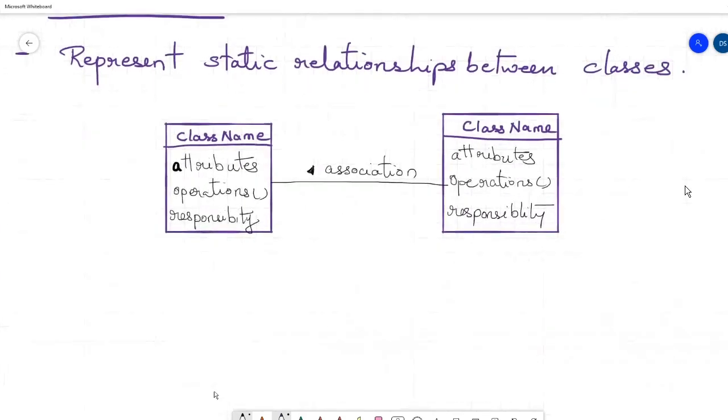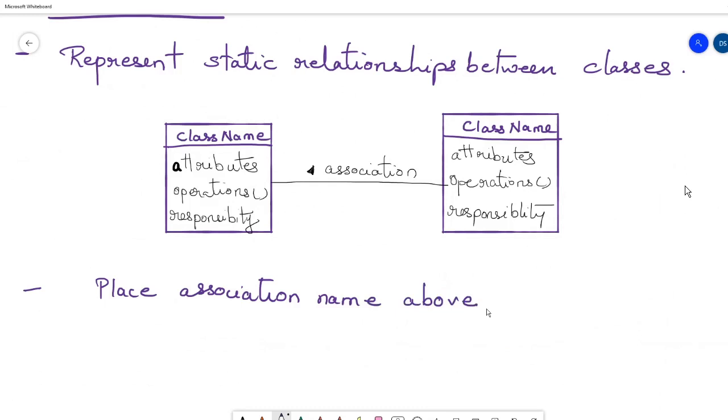We have to remember that we place the association name above the line, or on the association line.